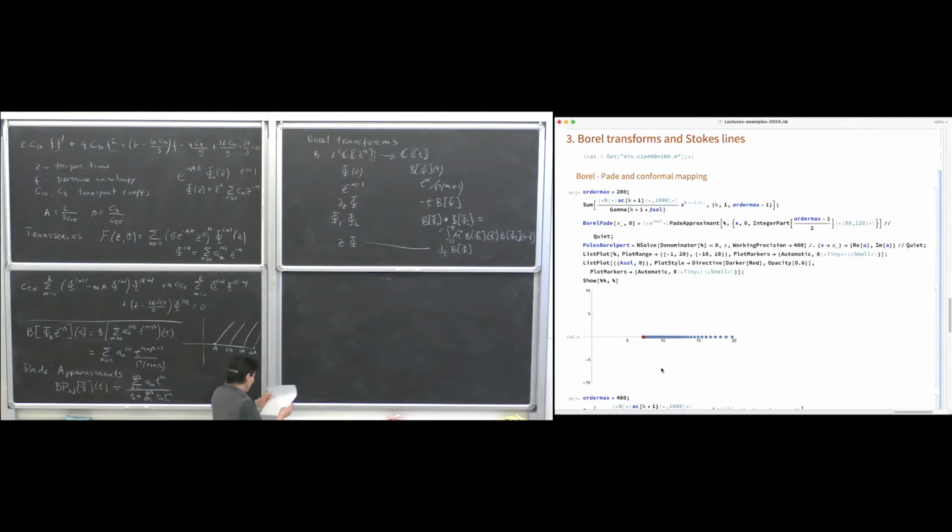And I wanted to just mention this because it's actually quite useful to know. So once we have the Borel transform, if you do a conformal transformation, what you do is you take t equals minus 2az divided by (1 minus z) squared.